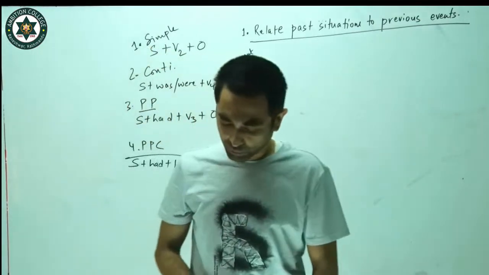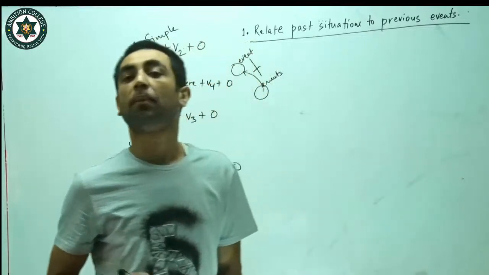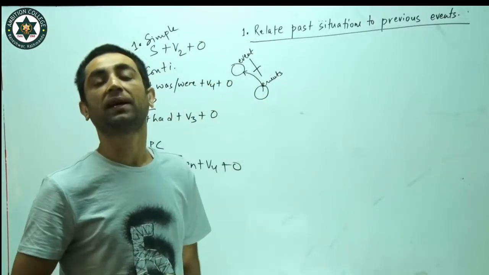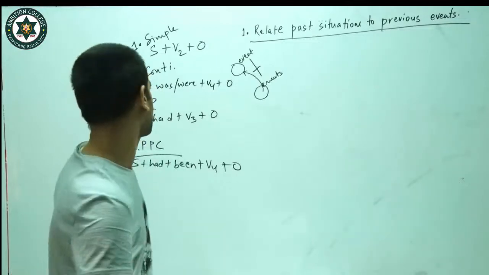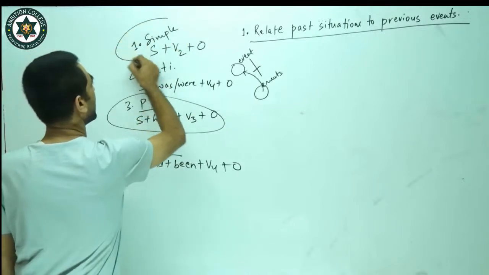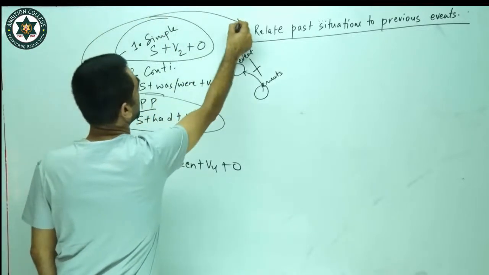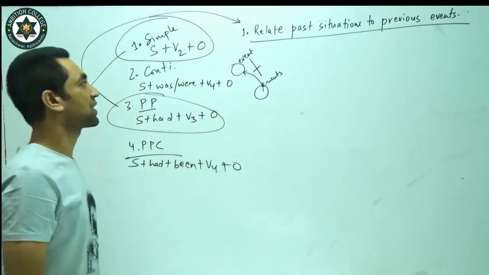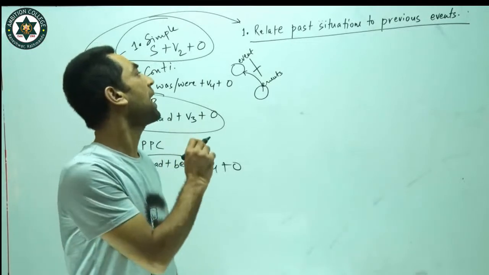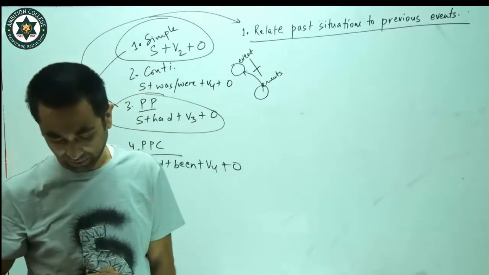So how do we do that? We do that by combining the past perfect and simple past. We combine the past perfect and the simple past to talk about the past situation, relating it to the previous events.